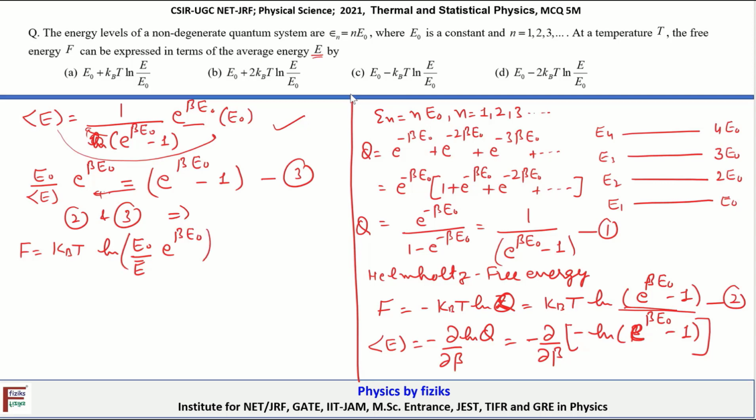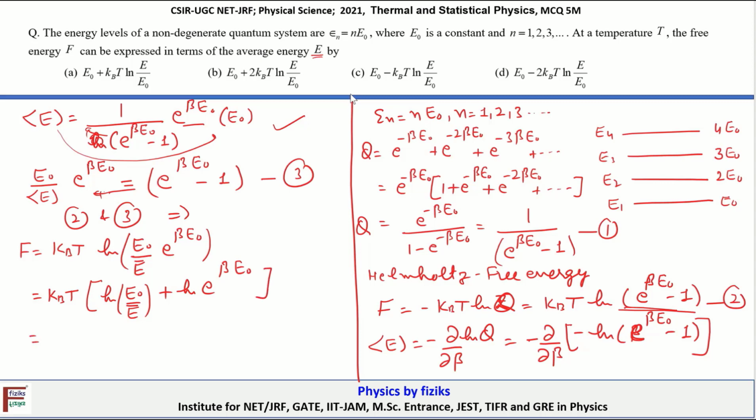So this is our final expression. Further we simply rearrange the terms, so that is equal to kT ln of E0 upon E average, plus ln of exponential beta E0, which gives us ln exponential beta E0.